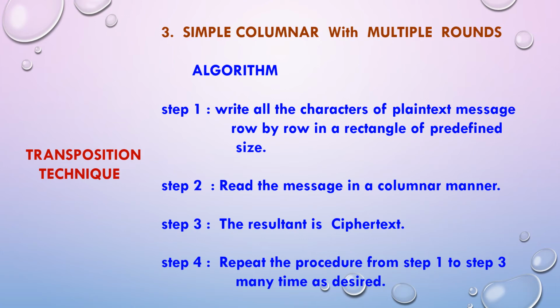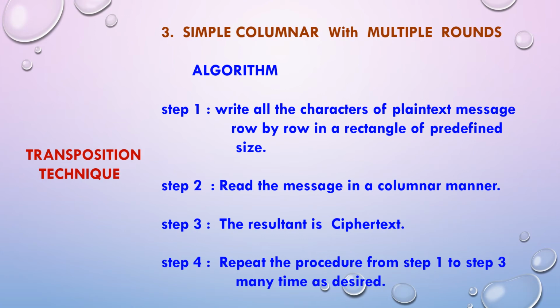Now we will see the algorithm steps. Step number 1. Write all the characters of the plain text message row by row in a rectangle of predefined size. Step number 2. Read the message in a columnar manner, that is column by column. Step number 3.